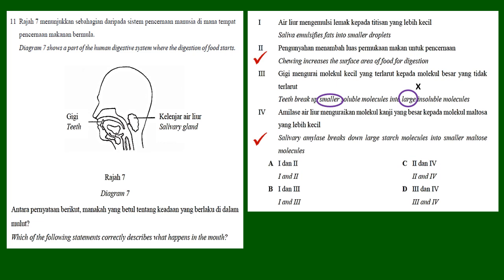Question 11. Diagram 7 shows a part of the human digestive system where the digestion of food starts. Which of the following statements correctly describes what happens in the mouth? So let's go through the answers. Saliva emulsifies fats into smaller droplets.